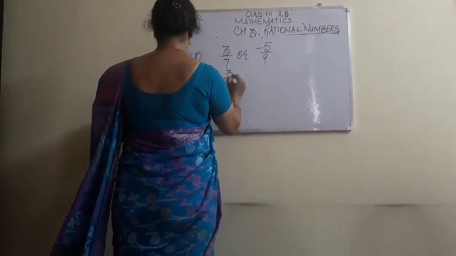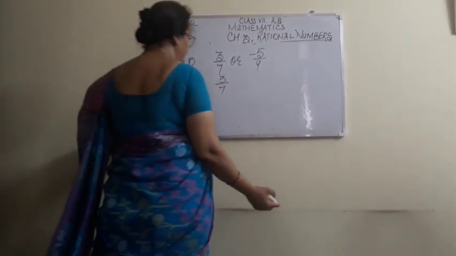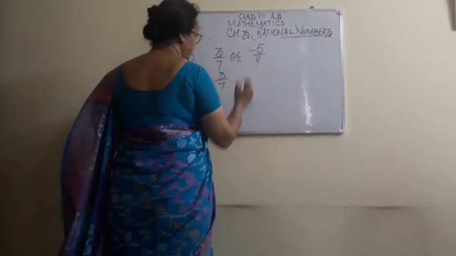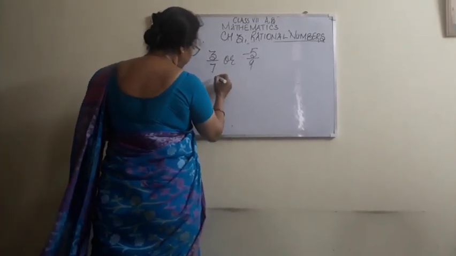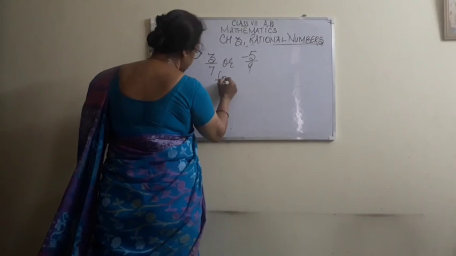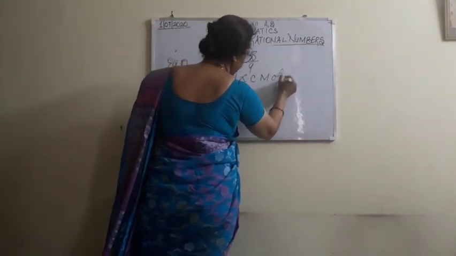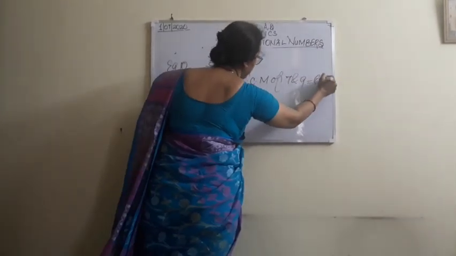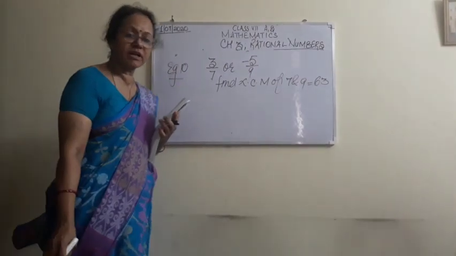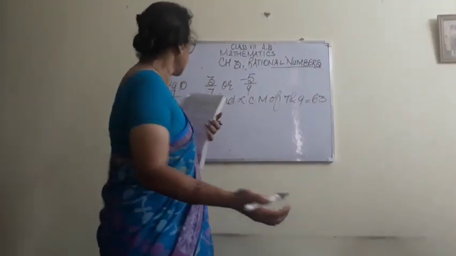We are making a common denominator. The easier method is to find the LCM of 7 and 9. What will it be? 63, because both are different numbers, they never lie in the same table, so their product will be their LCM.